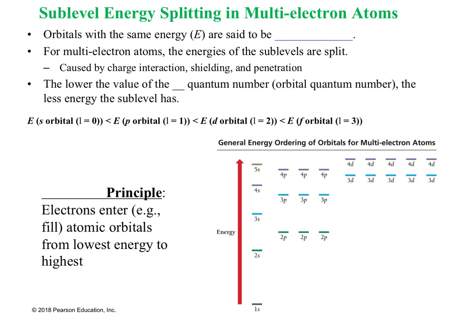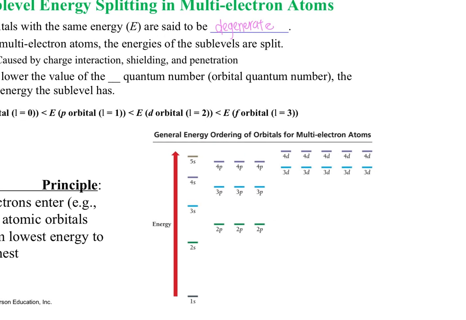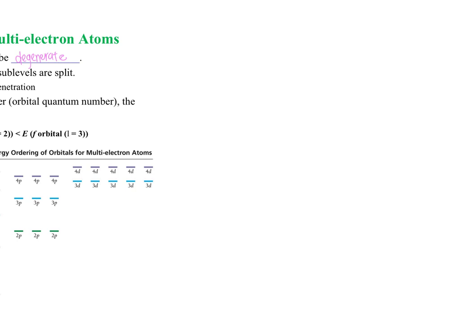A bit of terminology. When an orbital has the same energy level as another, they are said to be degenerate. So before, when we had hydrogen, from our last set of notes, we had the 1s orbital here. And we saw that at the n equals 2 energy level and then the n equals 3 level, we increased in energy.